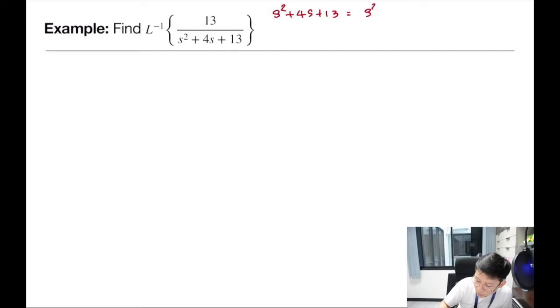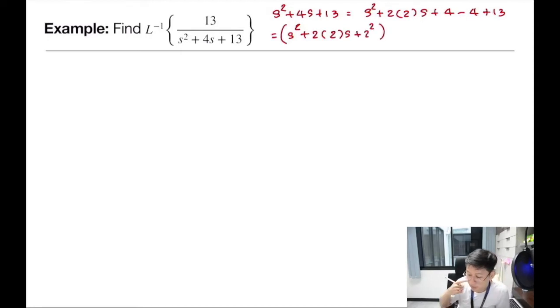So you get s squared plus 2 times 2 times s plus 4, minus 4 plus 13, and that is s plus 2 squared. Minus 4 plus 13 is plus 9. So this is actually s plus 2 squared plus 9.